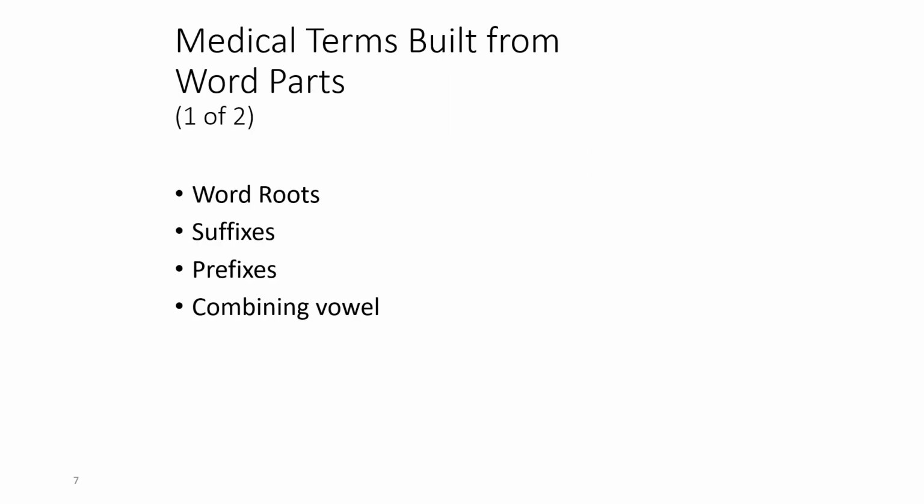Looking specifically at terms that are built from word parts, we essentially have four different parts that we look at here. We look at the word root, which is going to give us the fundamental or basic meaning of this particular term. It is the main part of the term. We also have the suffixes, which will come at the end of the word root.